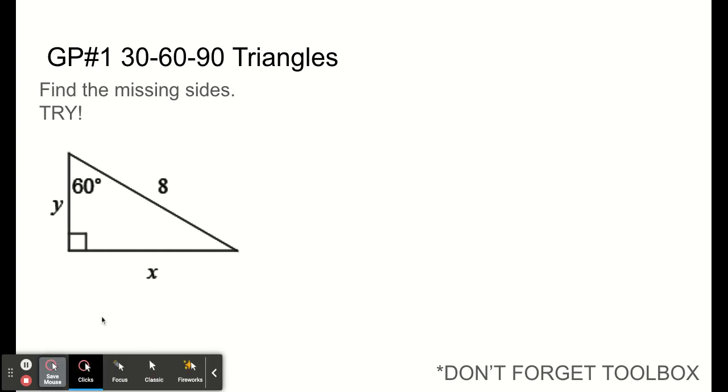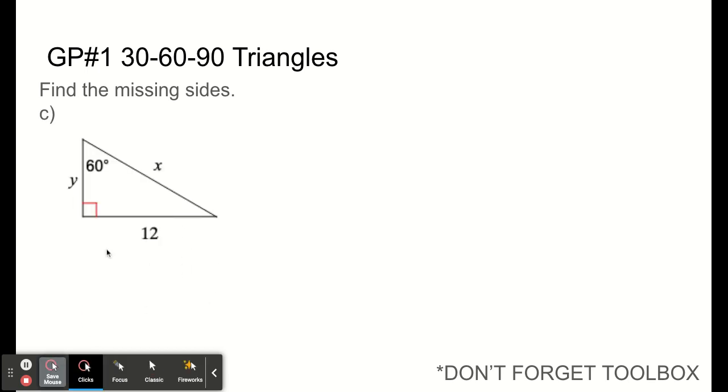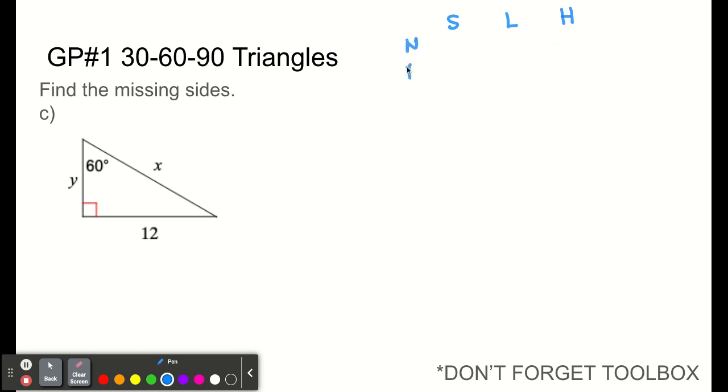Lastly, we have solving given the long leg. So once again, we're going to start with our chart. For this one here, the long leg is 12, the hypotenuse is x, and the short leg is y.